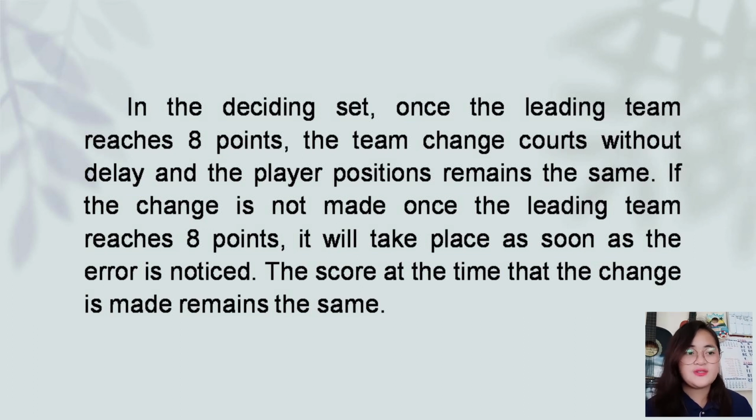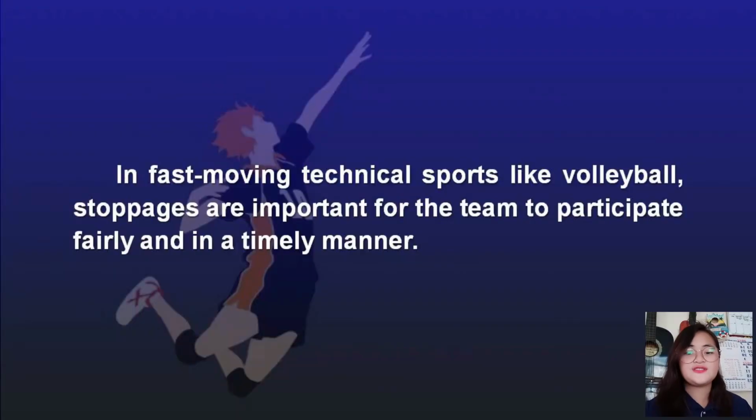If the change is not made once the leading team reaches 8 points, it will take place as soon as the error is noticed. The score at the time that the change is made remains the same. In fast-moving technical sports like volleyball, stoppages are important for the teams to participate fairly and in a timely manner.